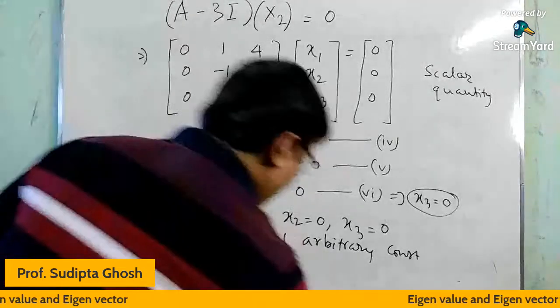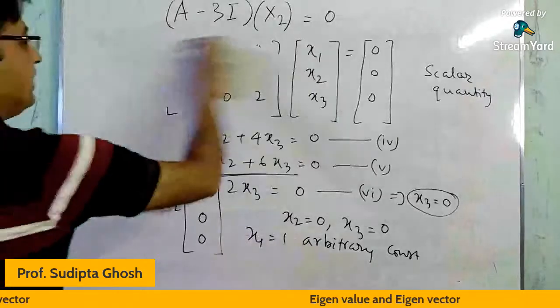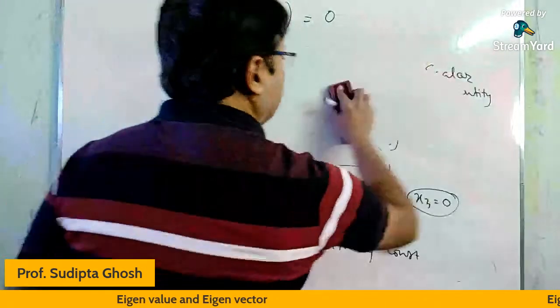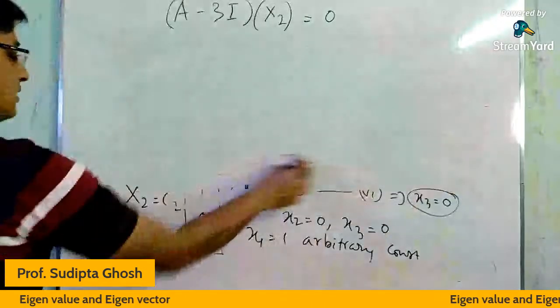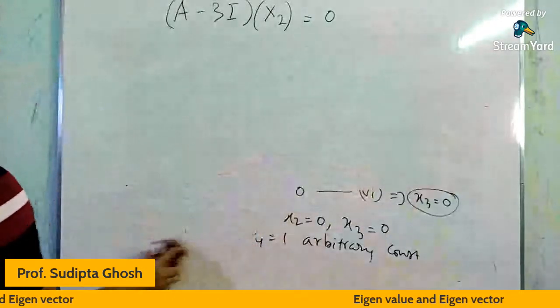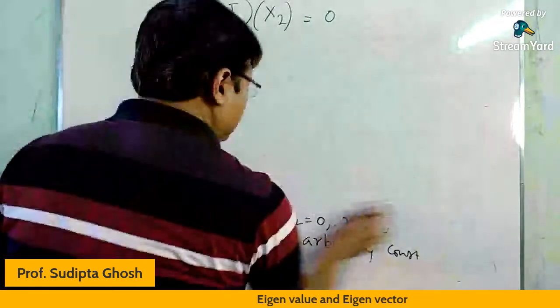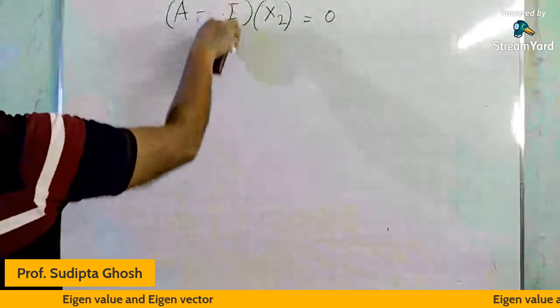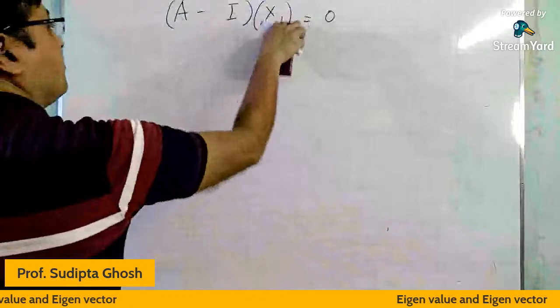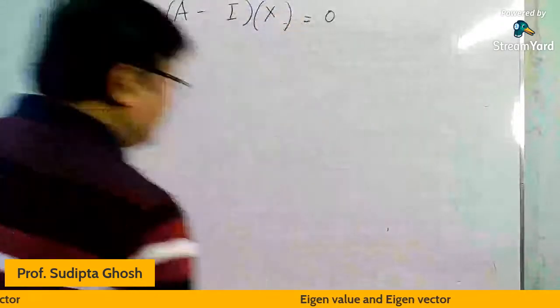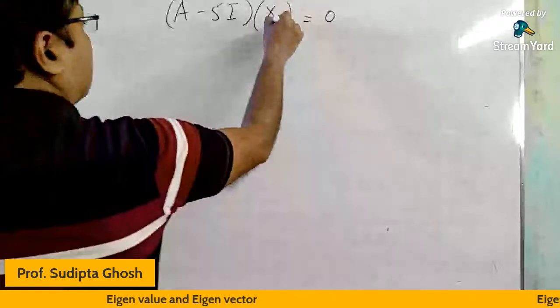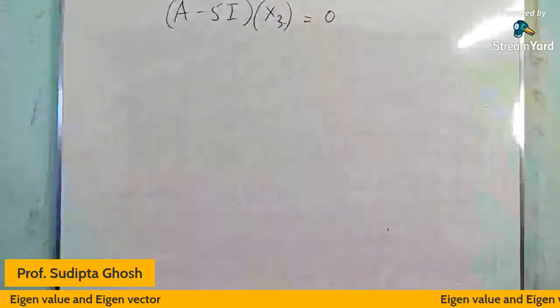Now let's move on to the third eigenvector, for which lambda was 5, our third value of lambda, that is lambda 3. So the main equation reduces to A minus 5I times X3.